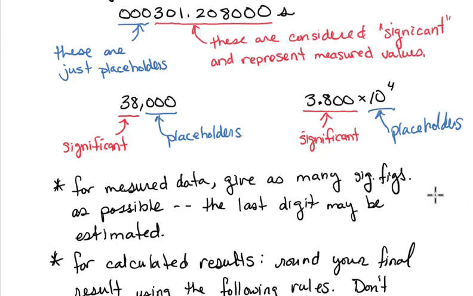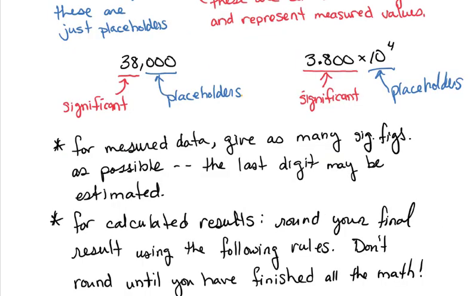For actual measured data, you want to give as many significant figures as possible. And that might even mean estimating the last digit or estimating between the markings on a meter stick. All right, so for measured data, give as many as possible. But then for results from that, for calculated values coming from that data, you want to round your final answers.